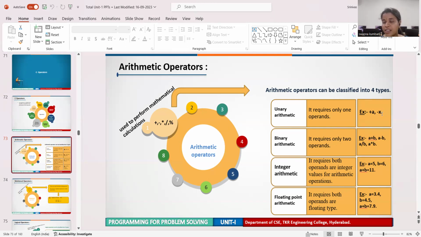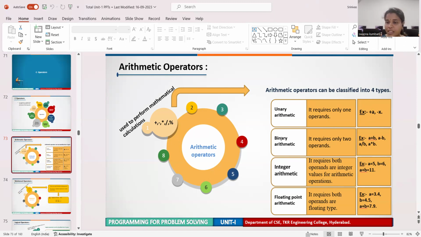Minus x indicates that the data is of negative type. Since the operator is used on only one operand, it comes under unary arithmetic.